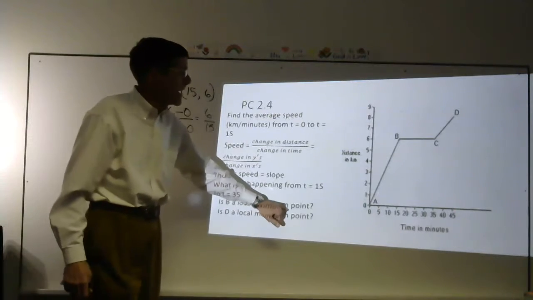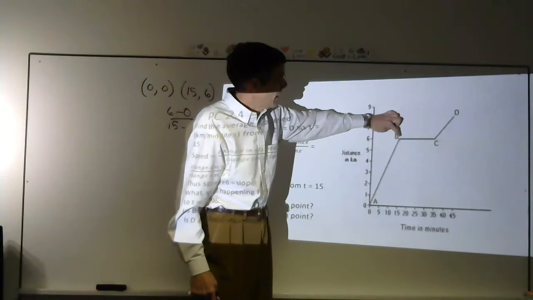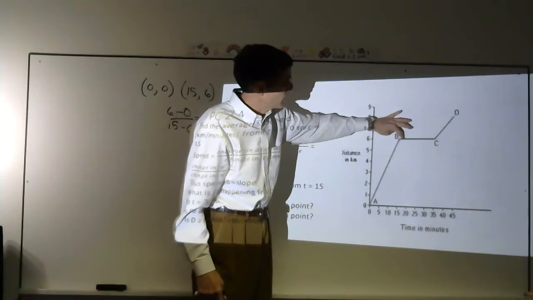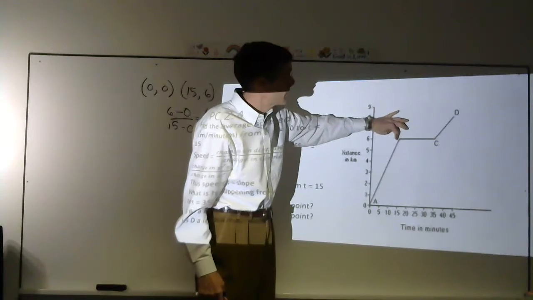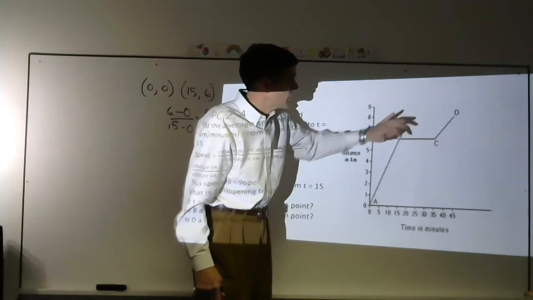Is B a local maximum? Is point B a local maximum? As long as the value at B is greater than or equal to values near to B, and yes, it is. It's equal here, but it's greater than or equal, so it is a local maximum.